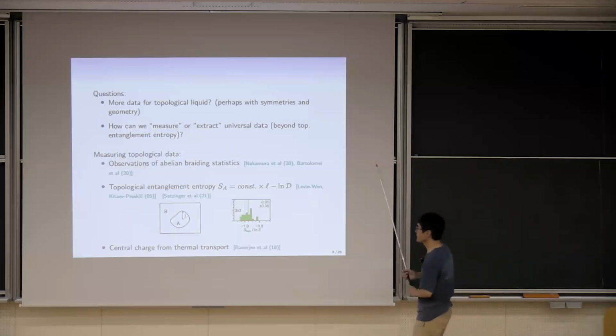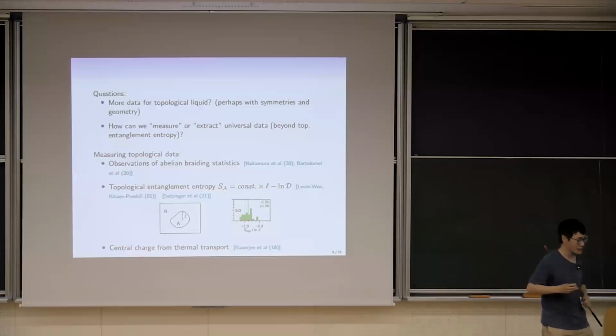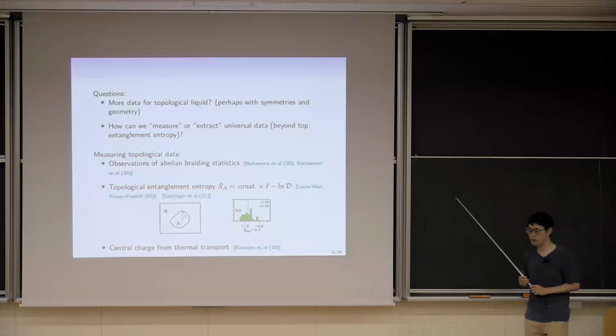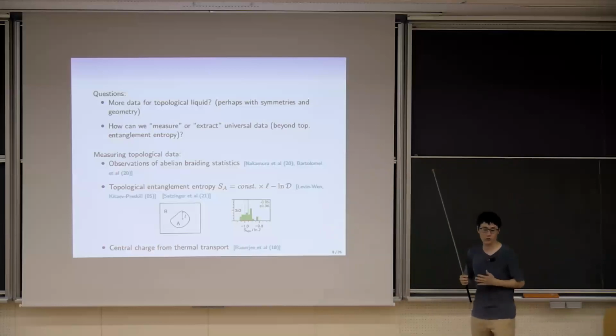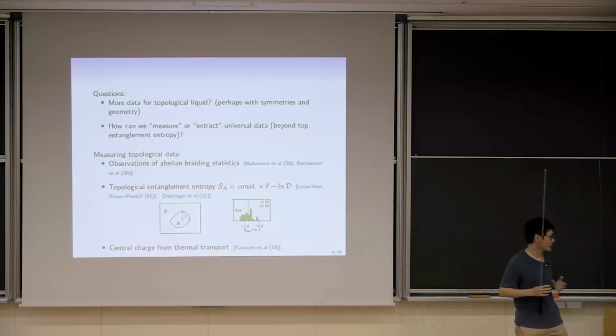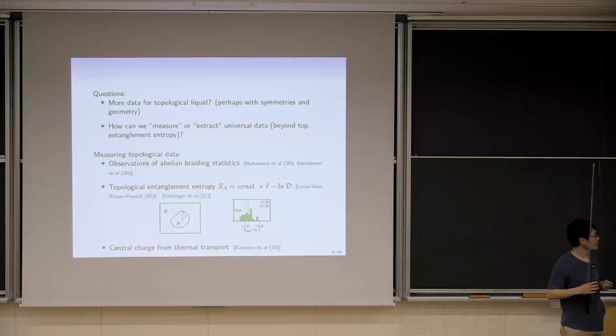If we want to study topologically ordered states, there are some questions such as, do we know all the data to describe a topological liquid? I didn't list all data, but I just listed representative data. And then one could also ask, in addition to data known in the literature, maybe we may have some more data which we don't know yet, and so on and so forth.